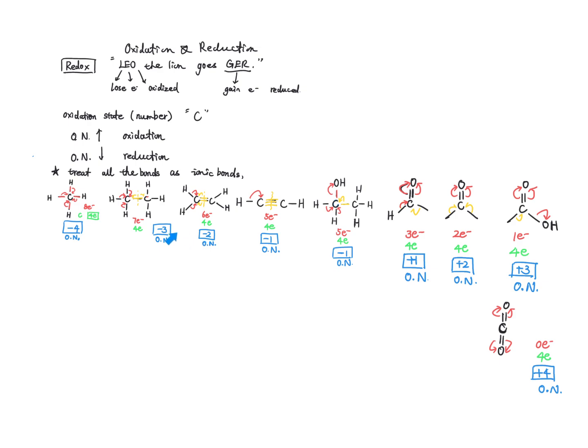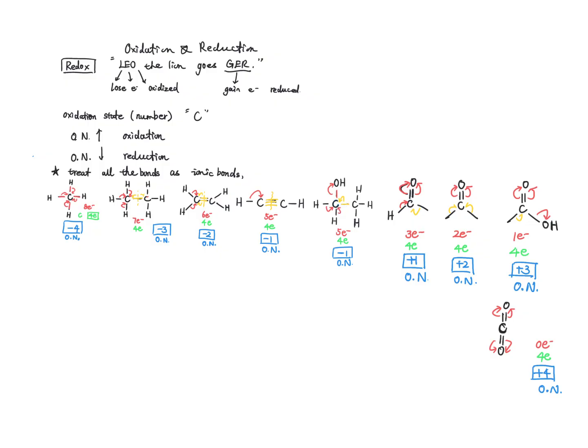Because the oxidation number decreases, that is a reduction. And if we start from the same alkene and go this route, we add OH and H, which is hydration. If we look at the oxidation number, -2 to -1, that's an increase in the oxidation number. That means from here to here, that is an oxidation process.